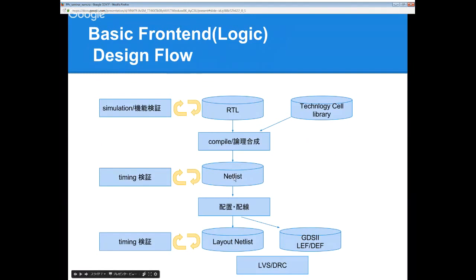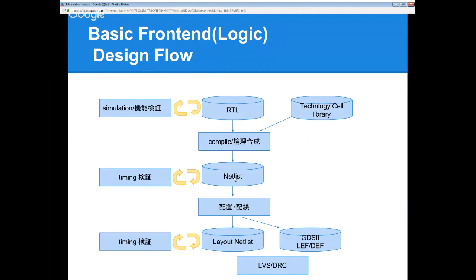And after we get the netlist, we pass it to the layout tool, the placement and router tool, to process the netlist, and it makes an actual layout for the chip. After this layout and router tool, we get the layouted netlist and the GDS and LEF/DEF.